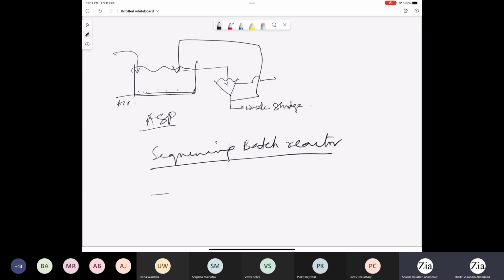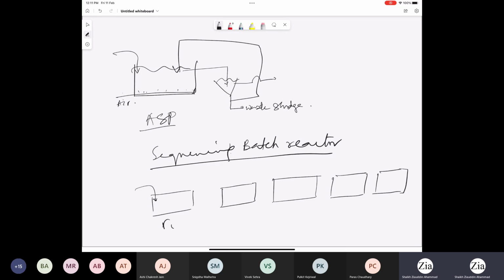So here we'll have multiple batch reactors, or you can also have a single batch reactor if you operate it in a given sequence. So you will get a total of 5 different stages. First is called filling, or fill the reactor. Second is the reaction.